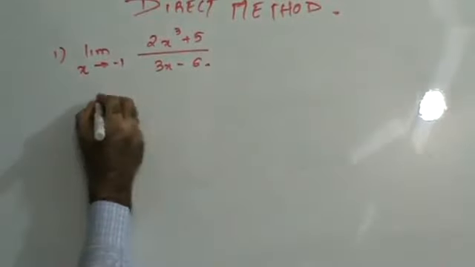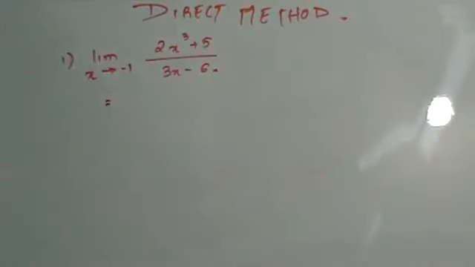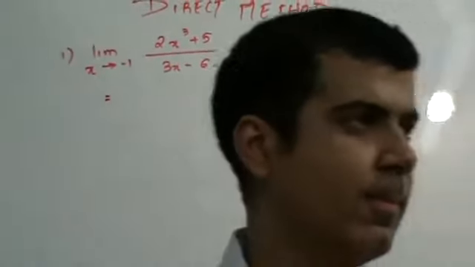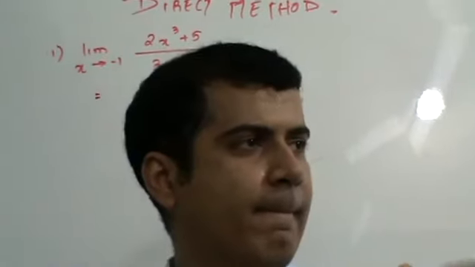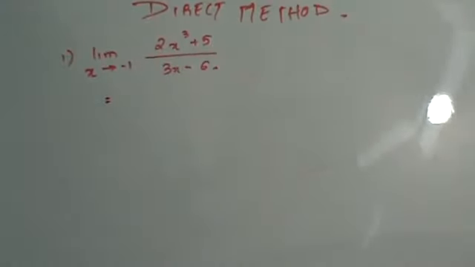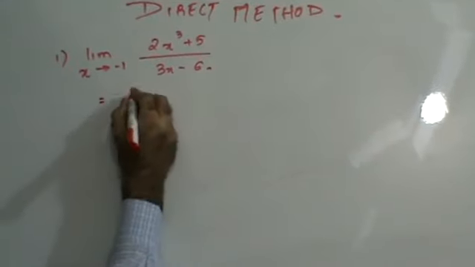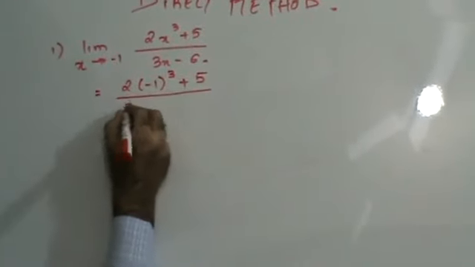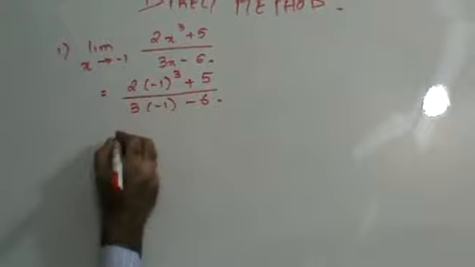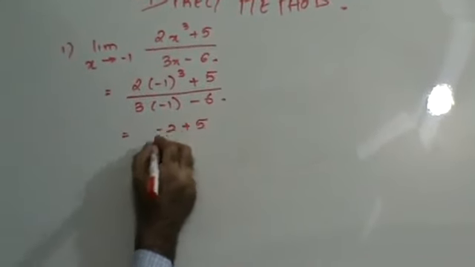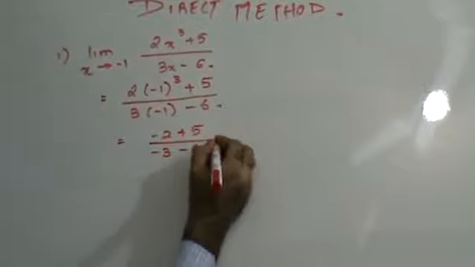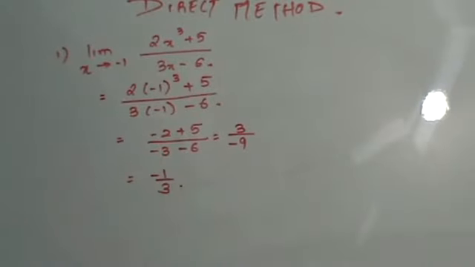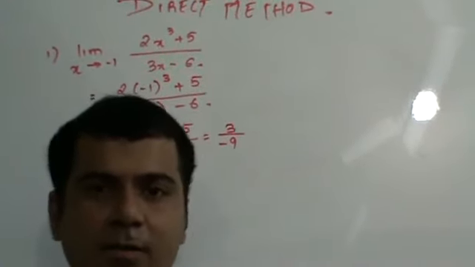So what we do is we directly substitute. So in this case this will be (2 into minus 1 the whole cube plus 5) upon (3 into minus 1 minus 6), which is (minus 2 plus 5) upon (minus 3 minus 6), that gives you 3 upon minus 9, which is minus 1 upon 3. This is called direct substitution.